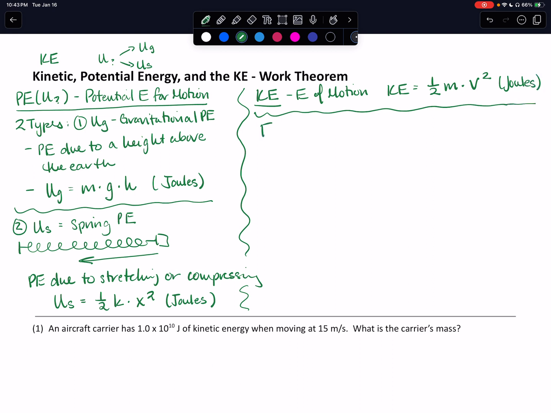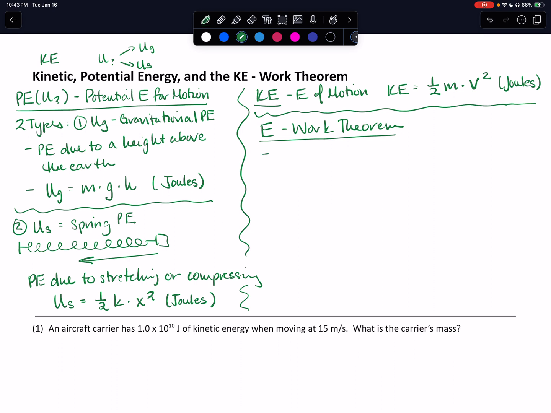All right, so now let's talk about the energy work theorem. All right, the energy work theorem, notice I dropped the kinetic energy. All right, that's because it could also be considered from the potential energy's point of view.